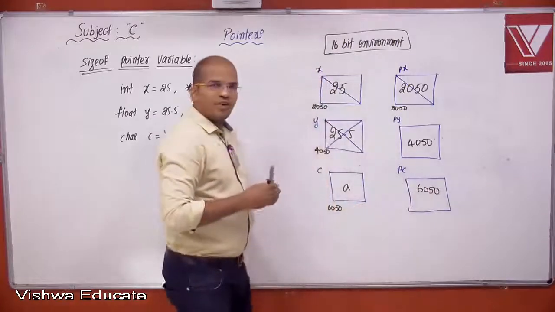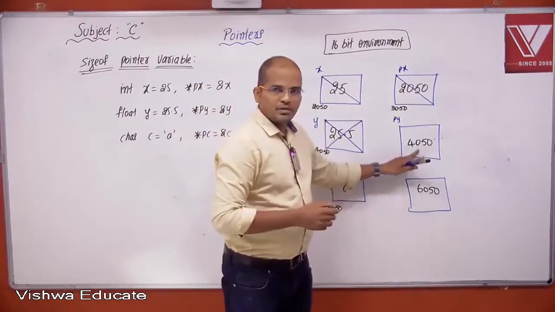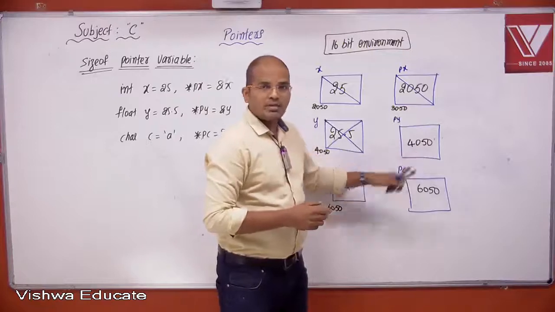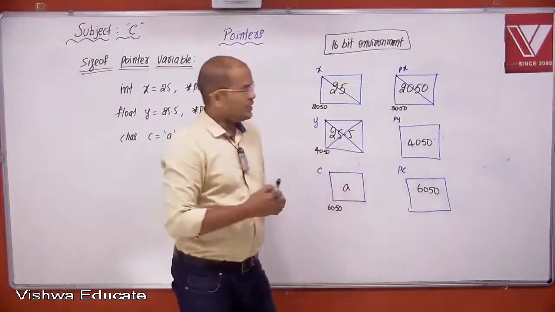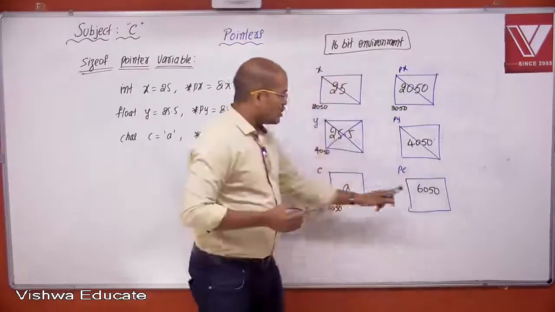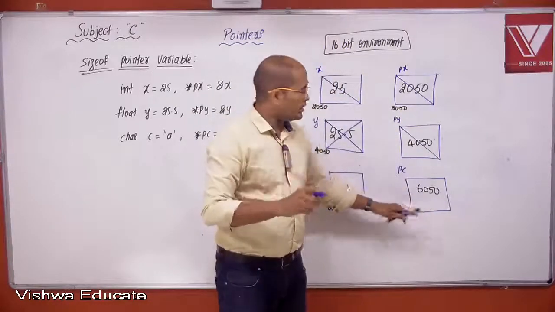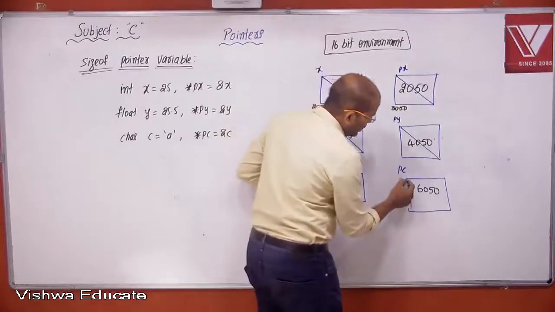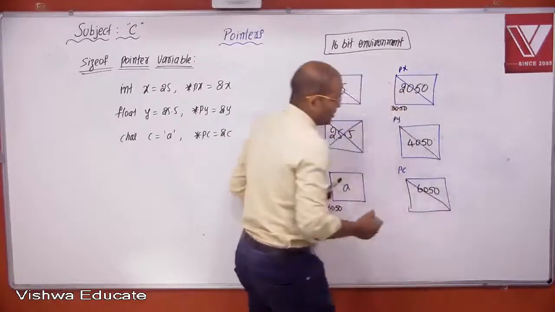Basically 4050 is a 16-bit address, and 16-bit is 2 bytes. So py will be 2 bytes. 6050 is a 16-bit address, so the size of pc will be again 2 bytes.